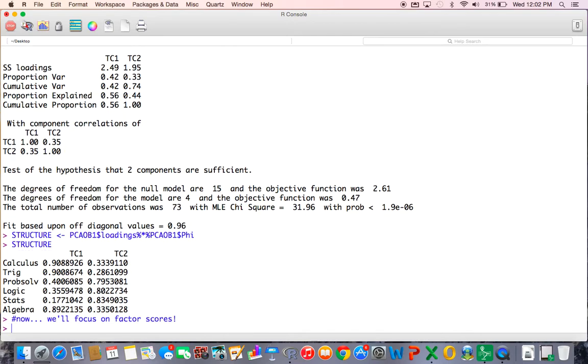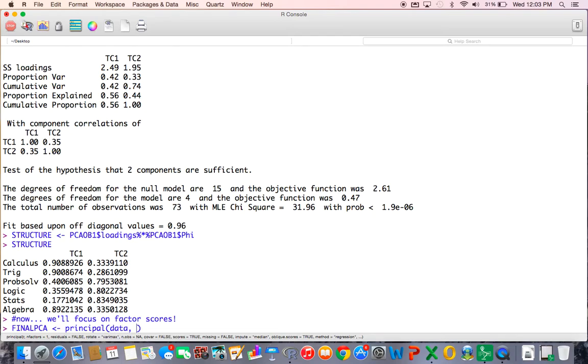And factor scores are extremely helpful for us just in case we want to use these latent variables in future analysis. So guys, I'm going to do final PCA. And so I went principal. So this is going to be the drum roll, please.